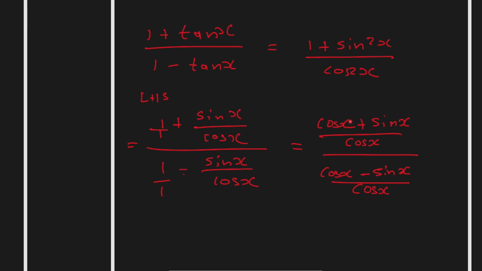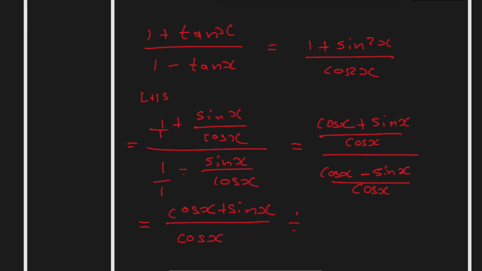Remember, if we have this as a division, we can write it as a normal division and then change it to multiplication. If we do that, the top part is cos of x plus sine of x, all divided by cos of x.